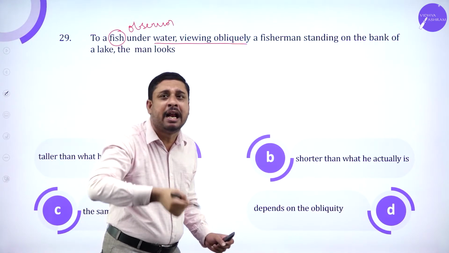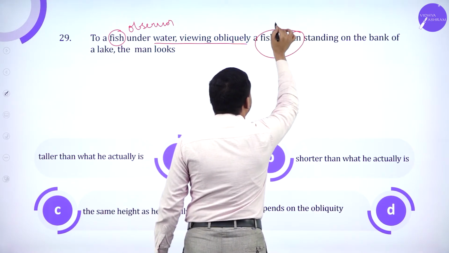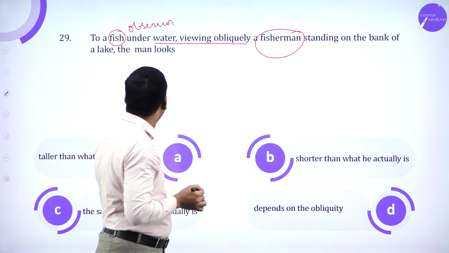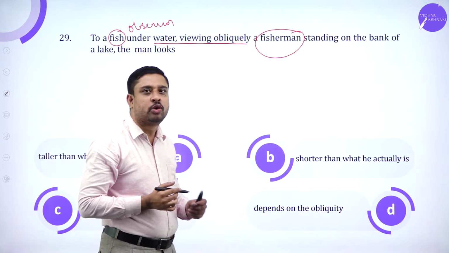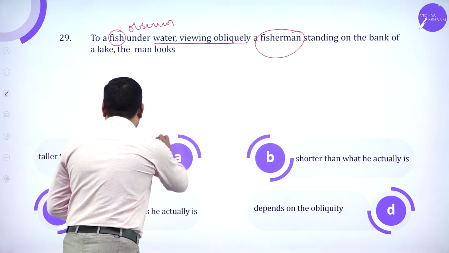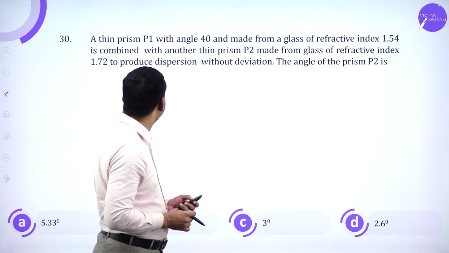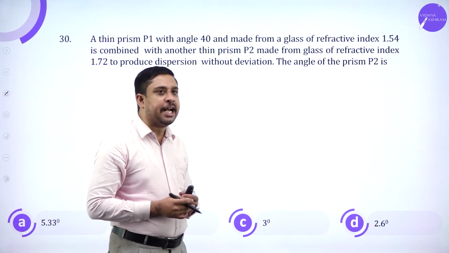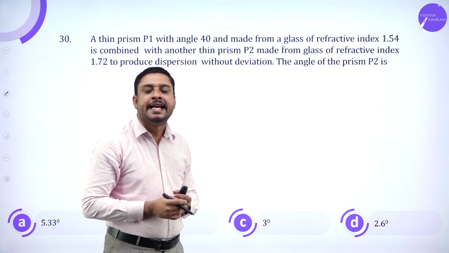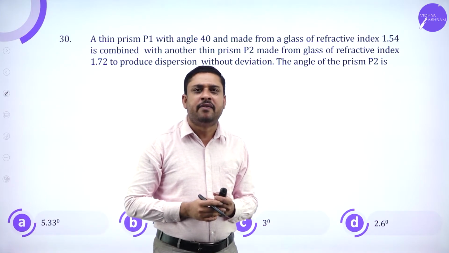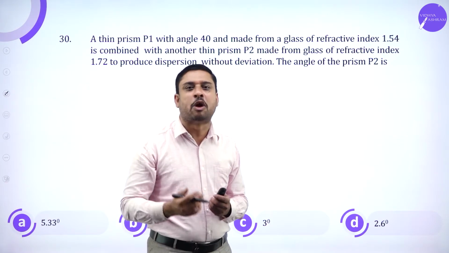A fisherman standing on the bank of the lake, then the man looks taller than what actually he is. Normal shift. This again I don't take up because dispersion without deviation is taken off from your syllabus. When we have repository classes, we'll take up these concepts which are taken out from the syllabus.